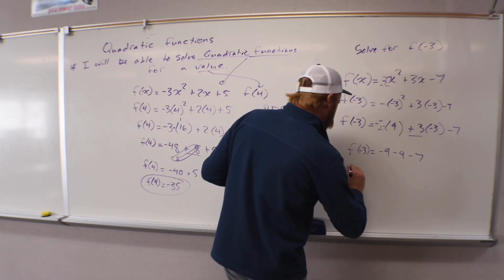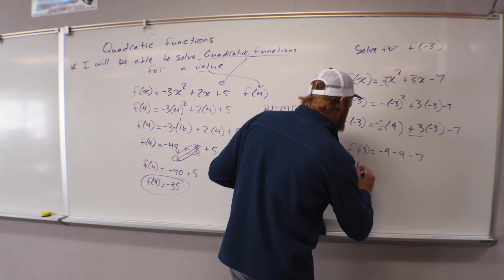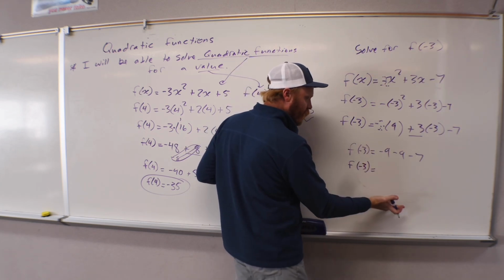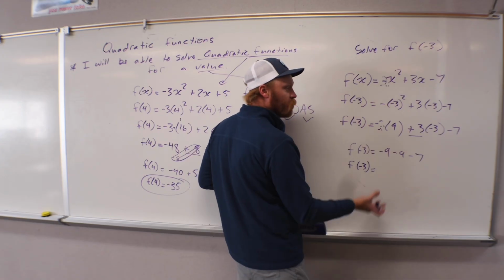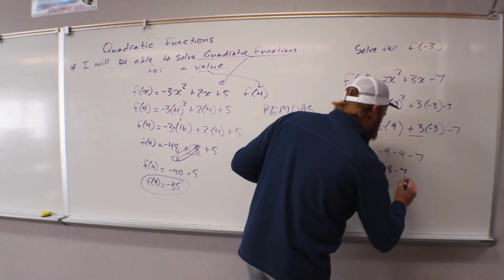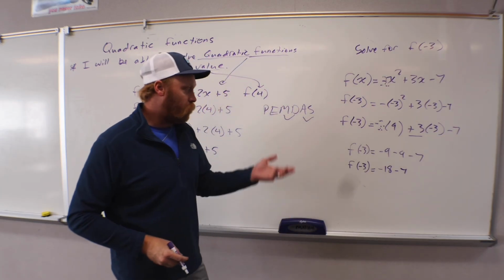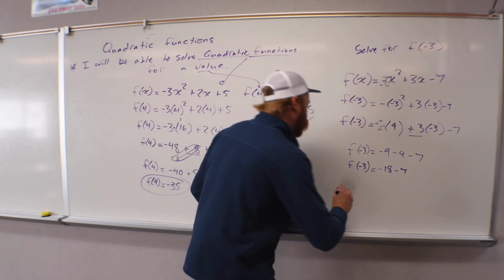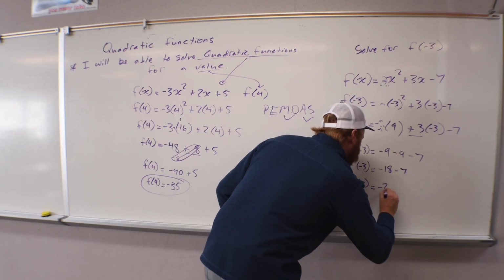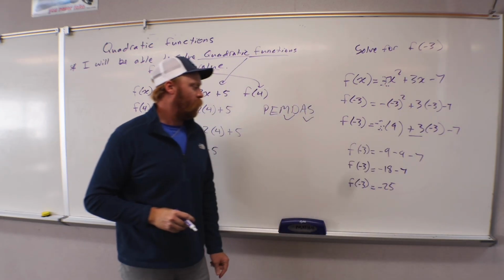Okay. So we have f of negative 3. Again, the way that I think of this is I have 9 negatives here, 9 negatives here. So if I count up all my negatives, I'm going to get negative 18. And then negative 18 minus 7. For our final answer, we're going to get f of negative 3 equals negative 25.